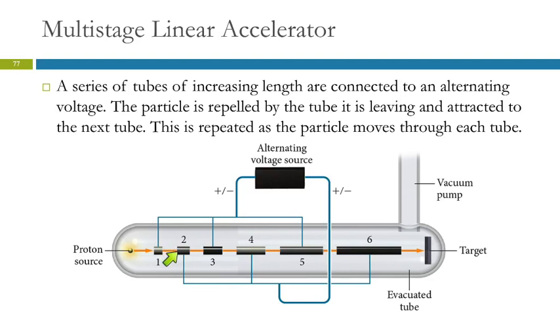This is negative, it's attracted to the next tube, gets in there, we switch it again, and so we're accelerating it through each of these tubes. With each tube, it gets faster and faster and faster. And then here you have the target. Any questions? It's a very, very simplistic explanation. It's good enough. That's all we need to know.